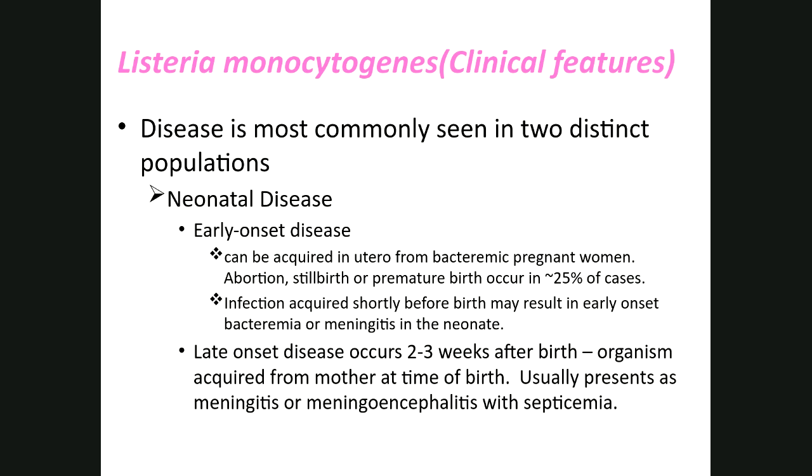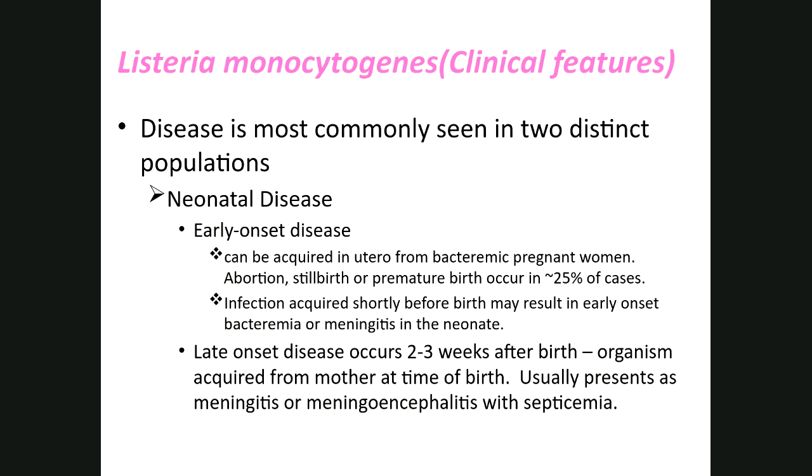Now the second type of presentation is the late onset disease, in which the child is infected 2 to 3 weeks after birth, and this infection can occur from the mother or even from the attendants. But mostly it is acquired from the mother at the time of the birth, but it takes this much time to present the disease.